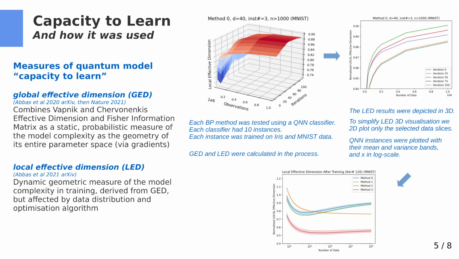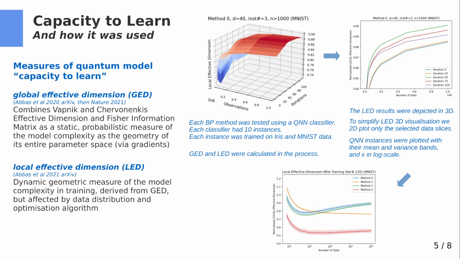Each instance was trained on Iris and MNIST data, because Abbas and colleagues used those two data sets, but also because they are very simple data sets which don't require very large models, which would perhaps develop barren plateaus. We were actually interested whether the barren plateau countermeasures had a negative impact on models which would otherwise train easily and well.